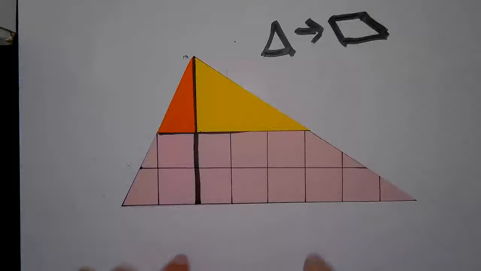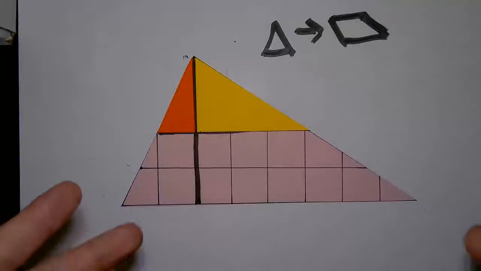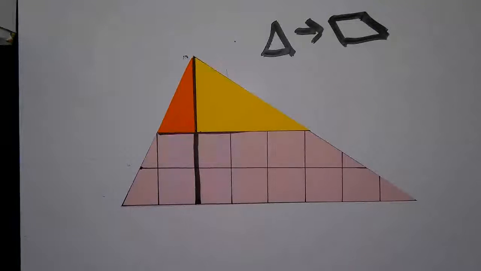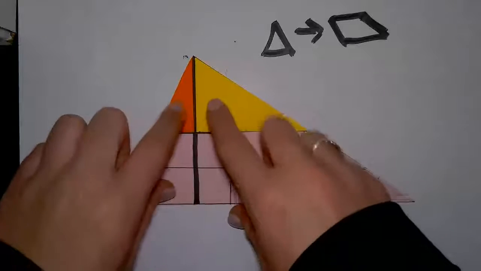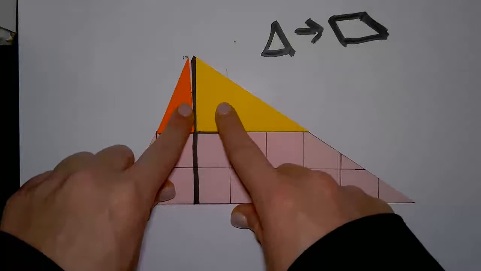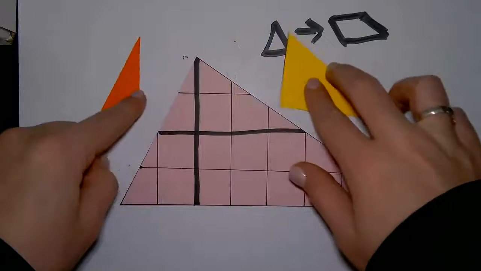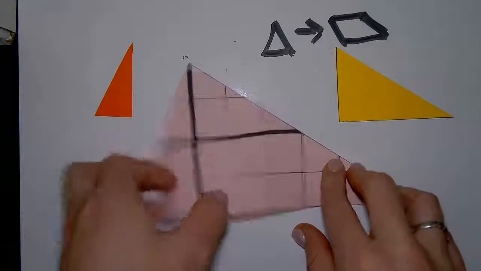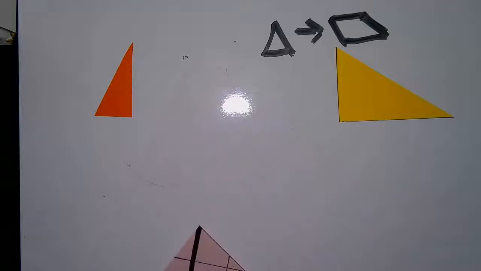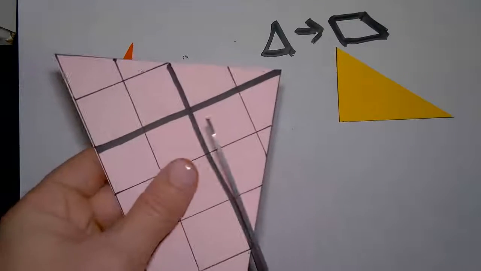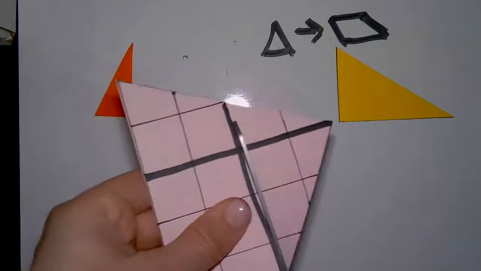So one thing I can do, we talked about flipping our triangles, flipping our shapes, so that we can manipulate them, so that we can decompose them into other shapes. So I've decomposed my triangle into these shapes. Now I want to see how can I move them around and arrange them. And what I'm actually going to do is physically cut this for us to see this even a little bit better.